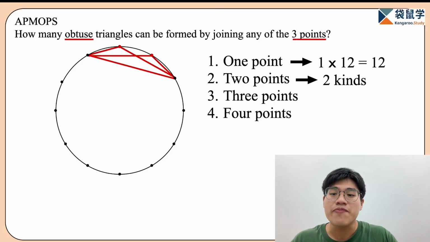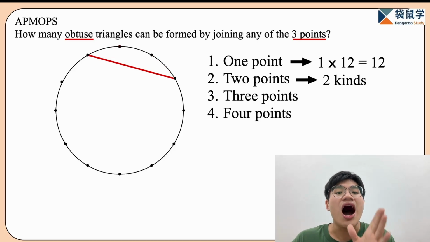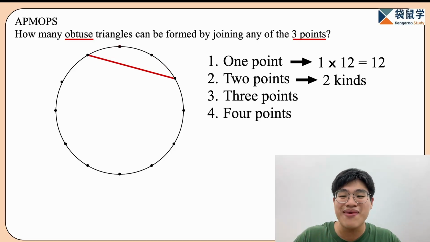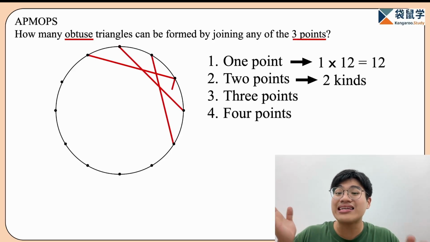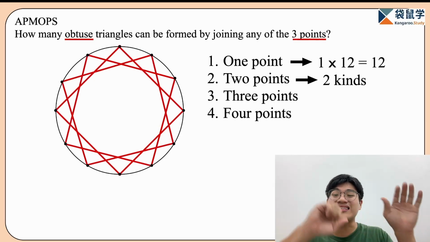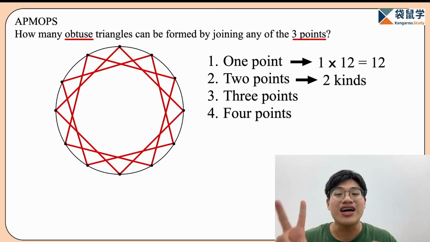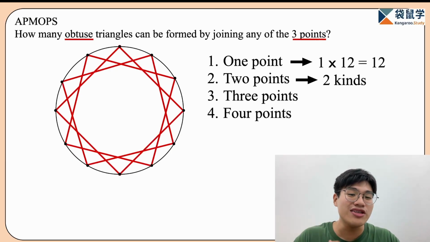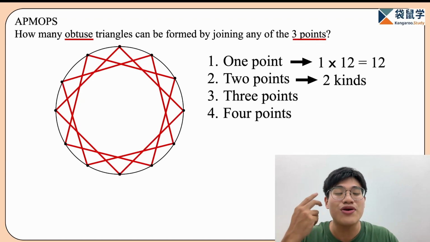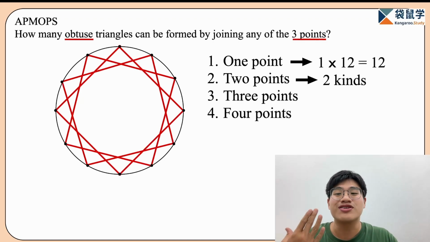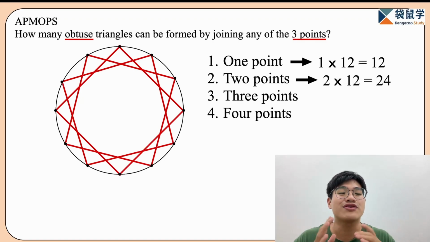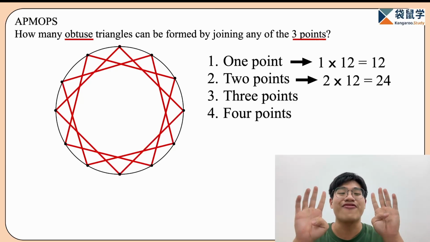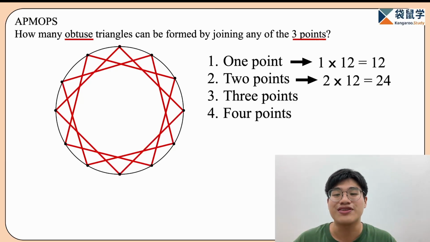There are 12 points on the circle, so I can make a line like this and like this. So I have 12 dots that can draw 12 different kinds of lines. And with each line we can make 2 obtuse triangles. So we times it up. We can have 2 times 12 equal to 24 different obtuse triangles.